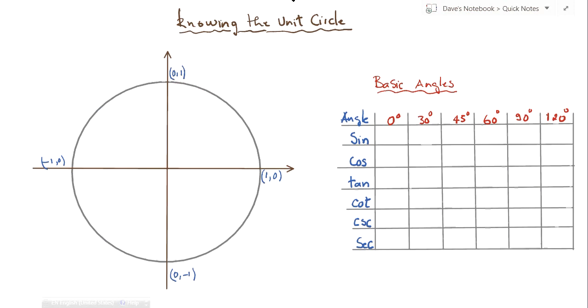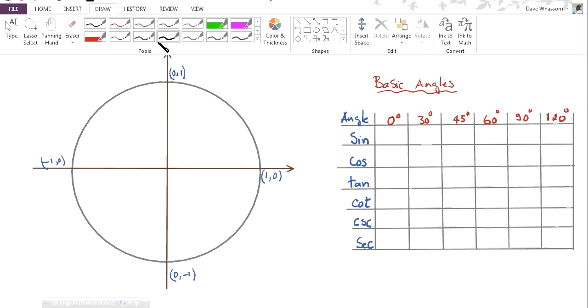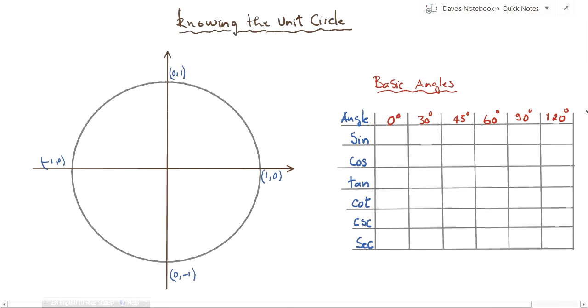First of all, let me just do this. On the unit circle, the cosine is read on this line here. This is a cosine, that's a sine positive, that's a cosine negative, and this is a sine negative. The cosine positive is read here.